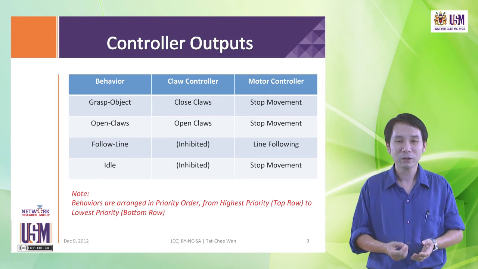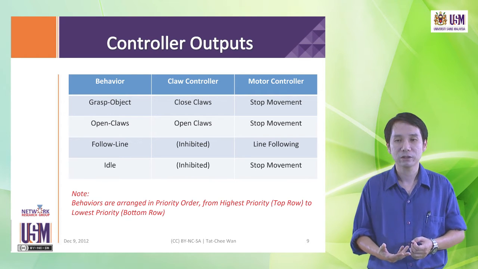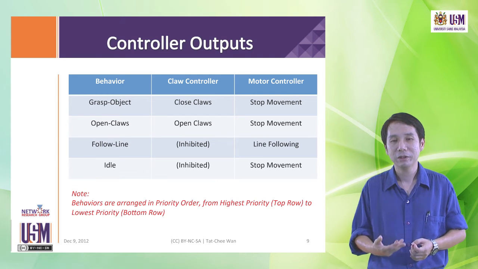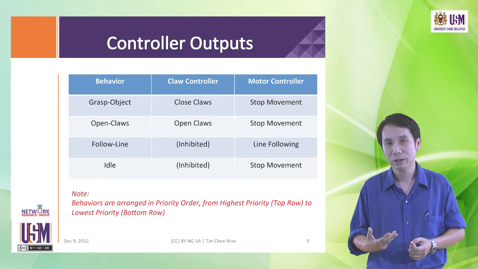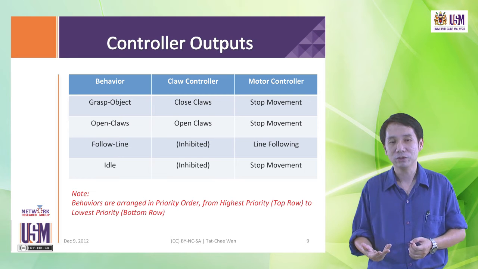For the follow line behavior, the claw controller is inhibited, meaning that it doesn't care about the position or the status of the claws, whereas the motor controller will be implementing the line following algorithm. Finally, if none of the behaviors are active, the idle behavior will be triggered. It's the lowest priority, where it inhibits the claw controller movements, but it will stop the movement of the robot in case that there is nothing to do.